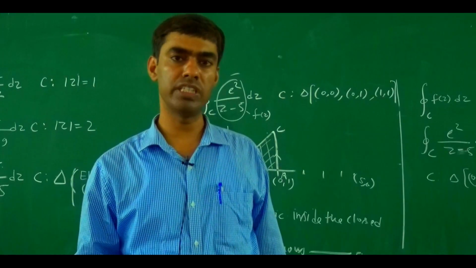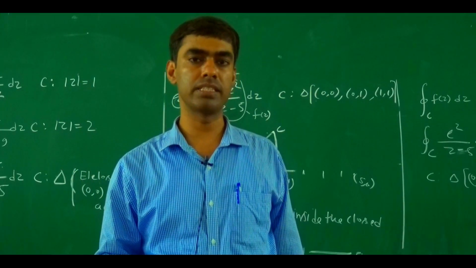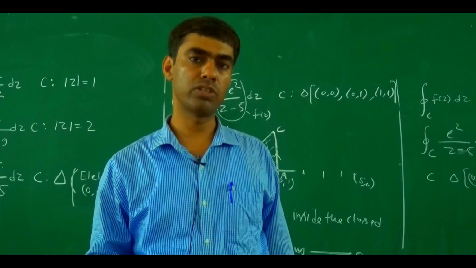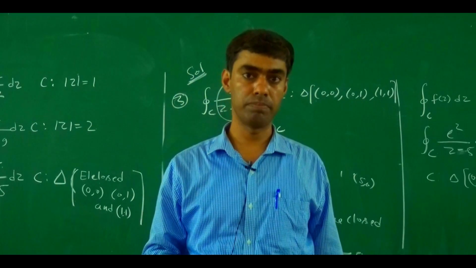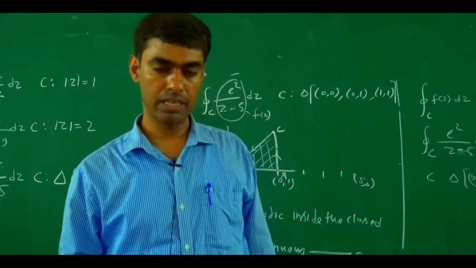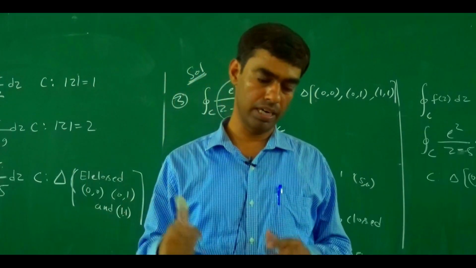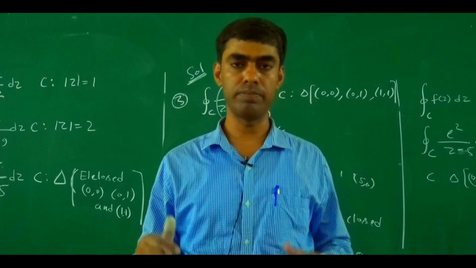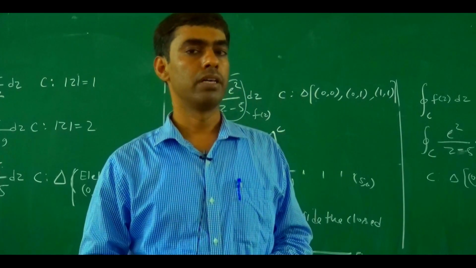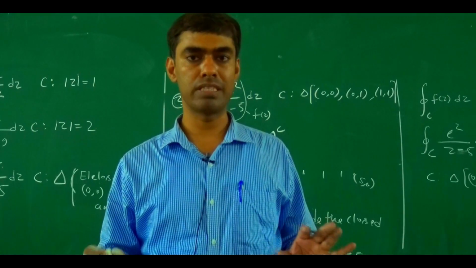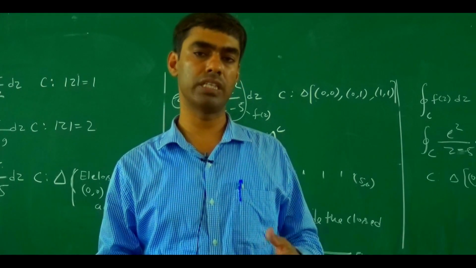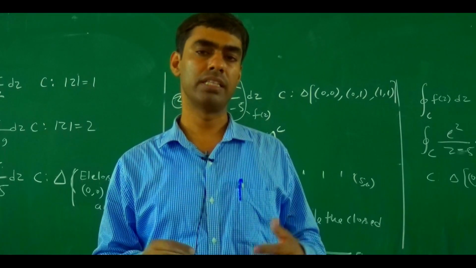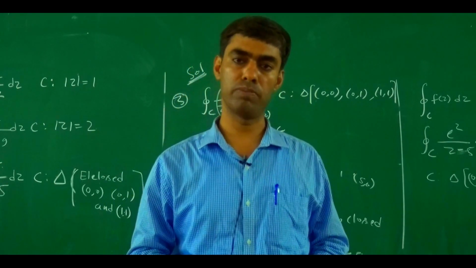Before that, we discuss the Cauchy integral theorem for multiply connected domain, because earlier we discussed the Cauchy integral theorem for simply connected domain. So first in the next lecture we discuss the Cauchy integral theorem for multiply connected domain, then the Cauchy integral formula. Thank you.